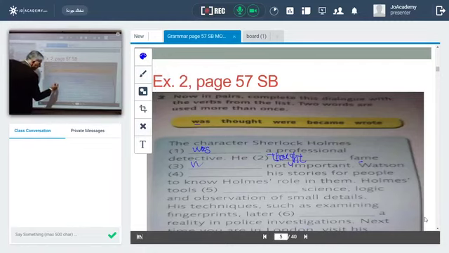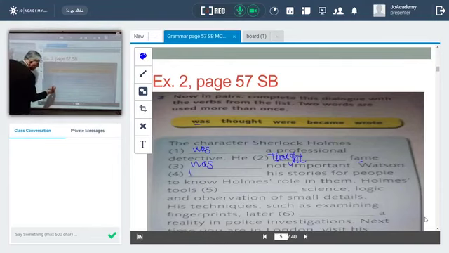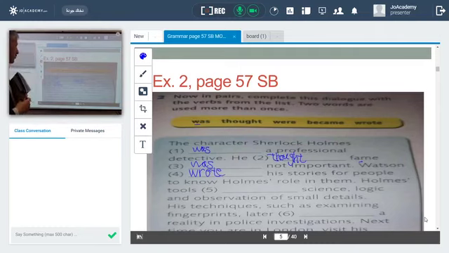Okay, so Watson fame wasn't important. Watson, here we write wrote. Watson wrote his stories for people to know Holmes' role in them.